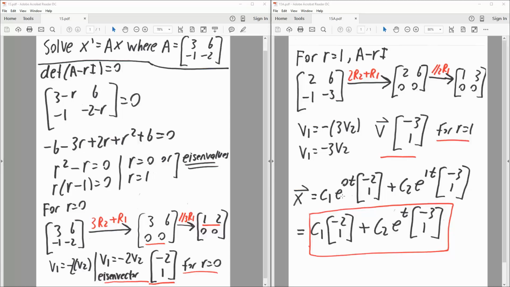And we know that e raised to 0 is 1, so we can just say c1, the eigenvector was negative 2, 1, plus c2 e raised to t, eigenvector was negative 3, 1. And this right here is our general solution. And that's all we need to do.